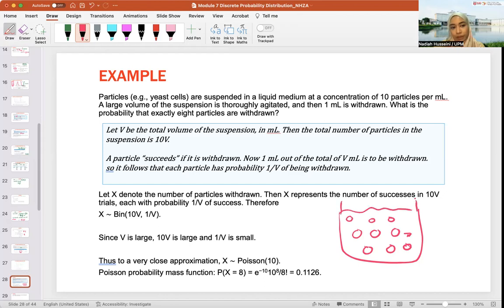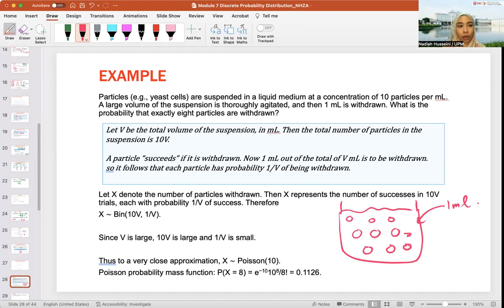You have 10 particles in a volume, assuming that the volume is 1 mil. So 10 particles is in 1 mil. So if you have more volume of water, you would have more particles, because in 1 mil of water, you would have 10 particles. If you have 10 mil, you would have 100 particles.